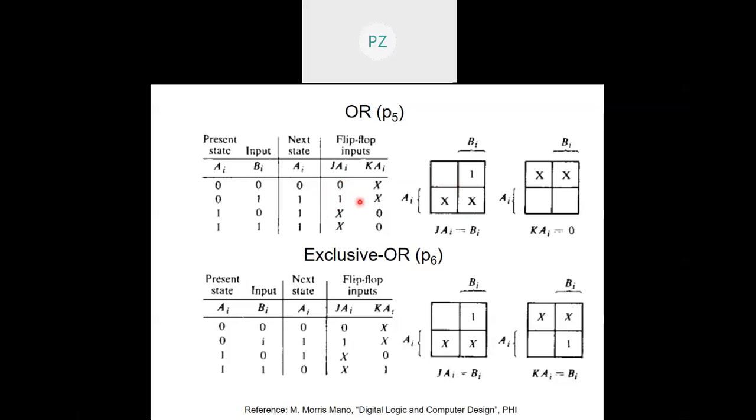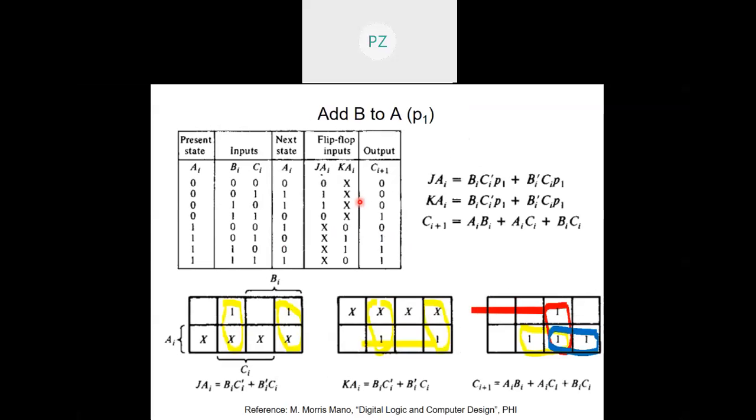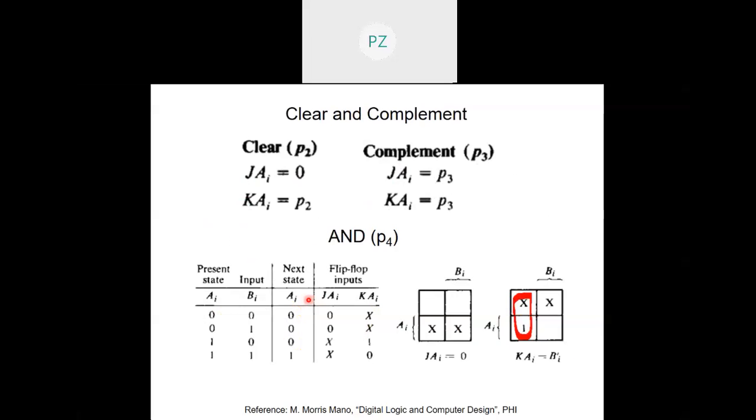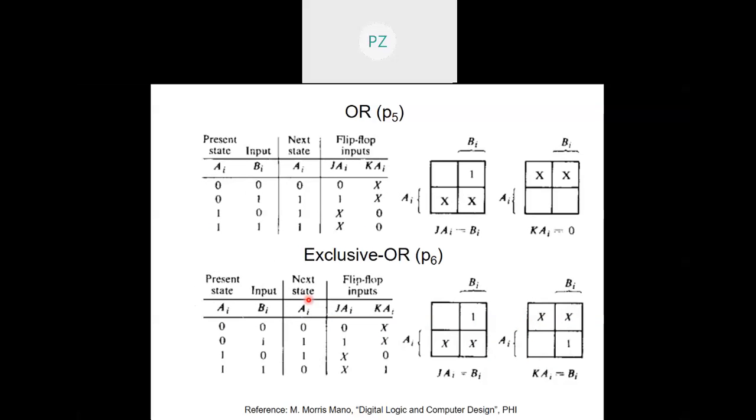You notice that the K-map for ORing and exclusive OR is just a 2 variable K-map, whereas the K-map for ADDing was a 3 variable K-map, because there the CI was involved as well. And also we had to have a K-map for CI plus 1. So 3 K-maps of 3 variables each. But in any logical operation like AND or OR or exclusive OR, there is no carry in, no carry out. So only 2 K-maps and those of 2 variables each.